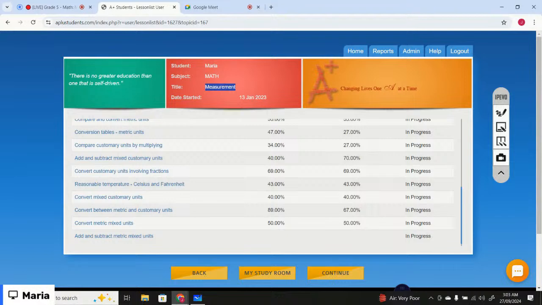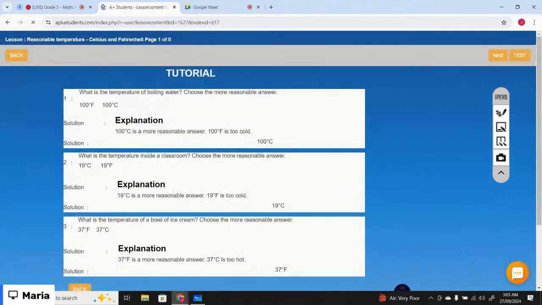Here I'm on grade 5 math. The chapter we are on right now is measurement. Let's start with the lesson reasonable temperature, Celsius and Fahrenheit. What is the temperature of boiling water?